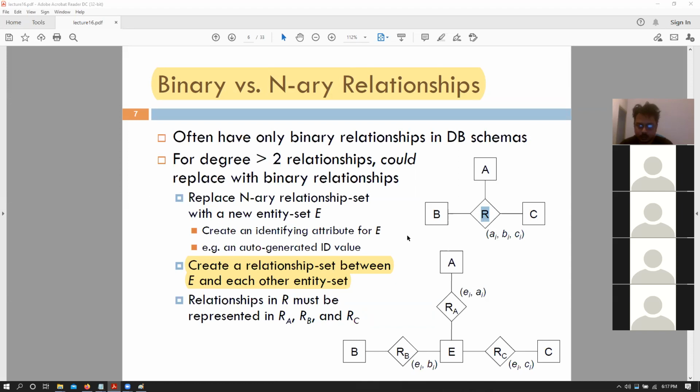For this particular ER diagram, where we are relating A, B, C as a ternary relationship with R. What are the foreign keys, primary keys for R?